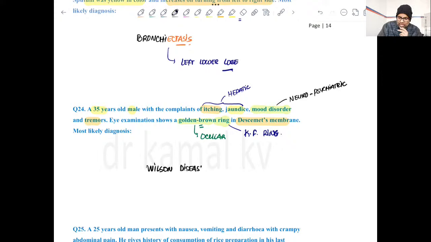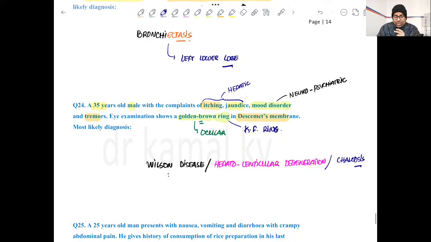But I would like to share a few more words in terms of terminology. It is also known as hepatolenticular degeneration. Clear? So always and always try to remember some other names of the diseases also, because at times you might not get the word you are searching. So maybe you don't have Wilson disease in the options.